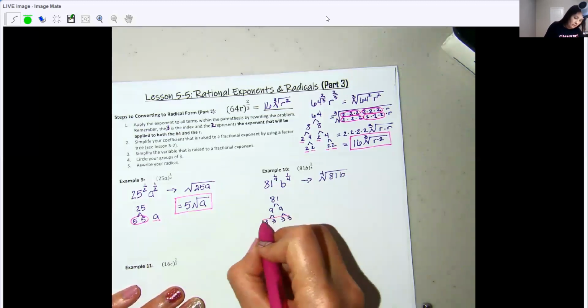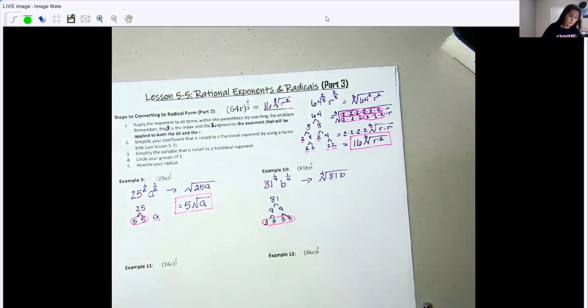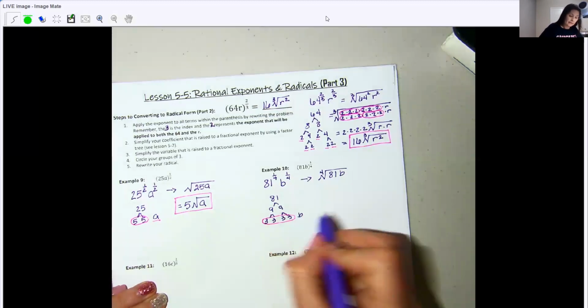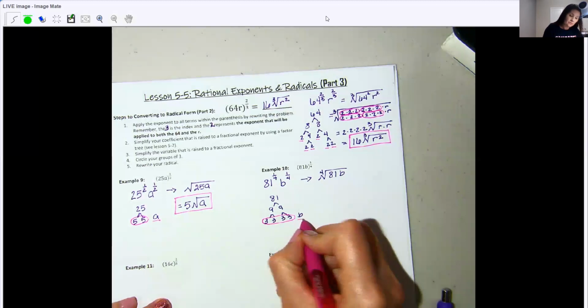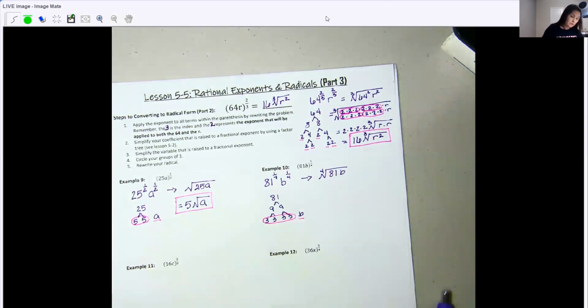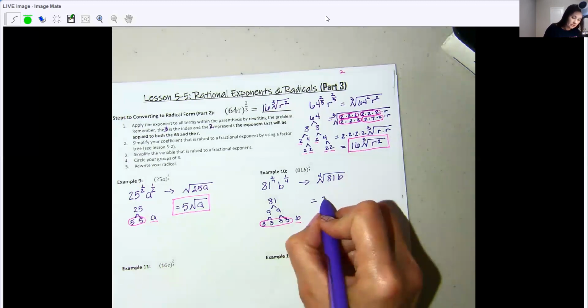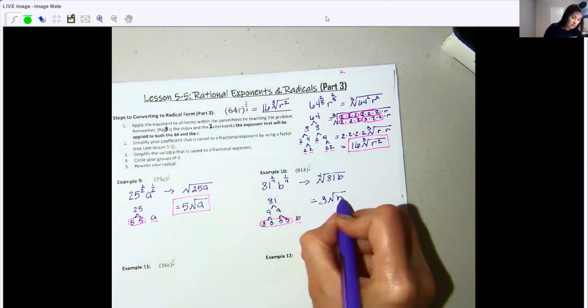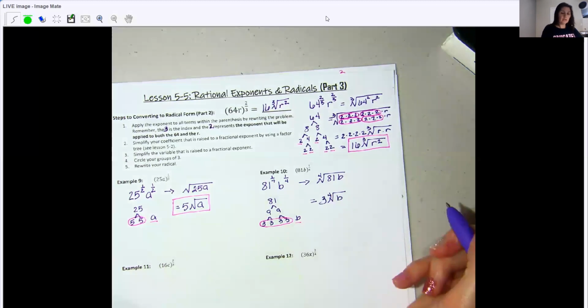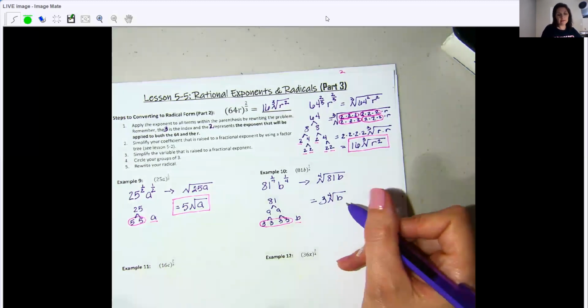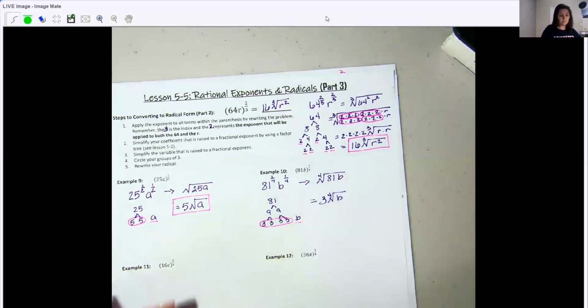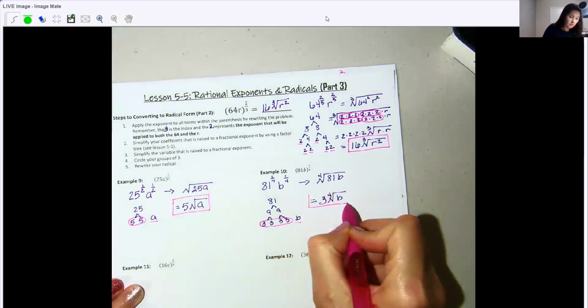So we have a group of 4 3s, and then we have the b by itself. So we factored everything in there. So now we can pull out the 3, but we have to leave the b. Okay. And don't forget your index, that's really important. That is part of the points when I'm grading your homework.